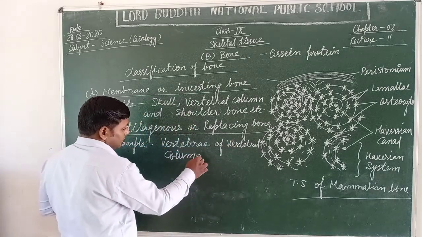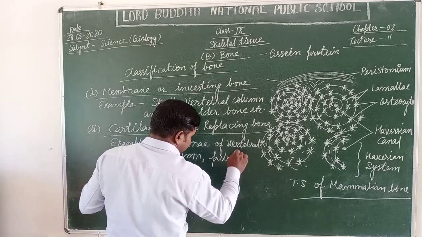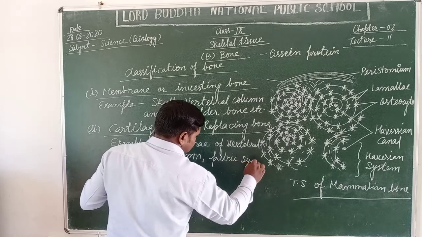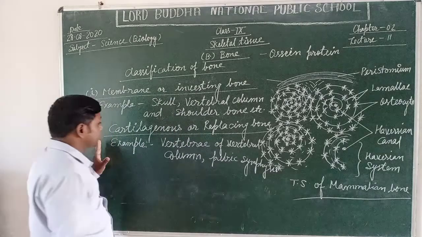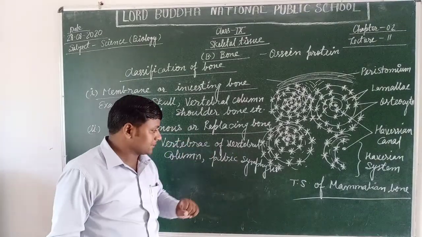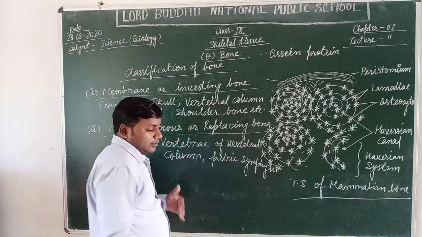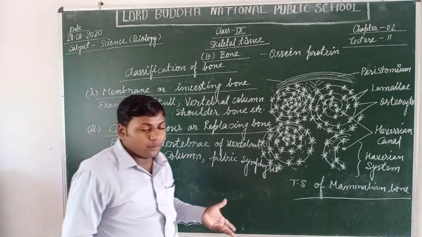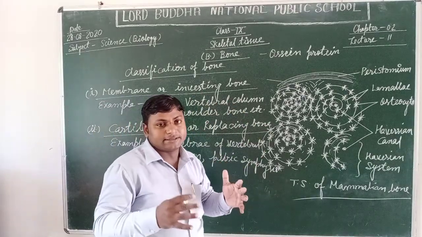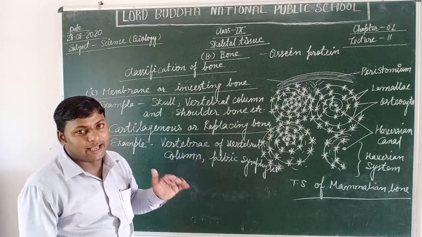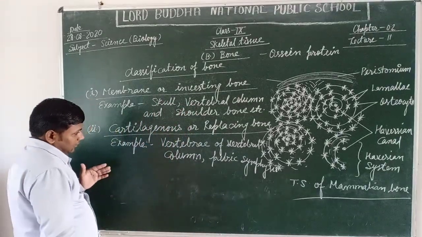Besides it, the region of the pubic symphysis is also an example, found below our abdominal cavity, at which our femurs are joined, that helps provide the ability to sit on our thigh.